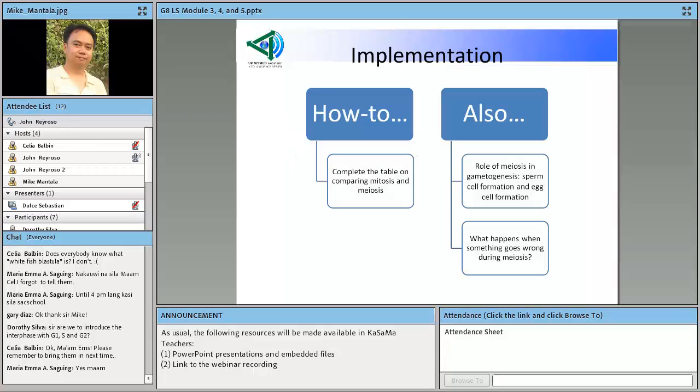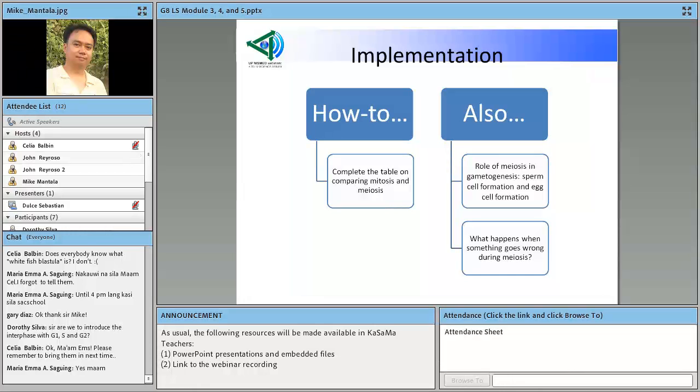There's a table in the learners modules that the students would complete, and in the table they are just going to compare mitosis and meiosis, for example, how many daughter cells would result out of one division cycle for mitosis and after one cycle of meiosis. They would note that in mitosis, 2 cells would come out of one cycle of cell division.